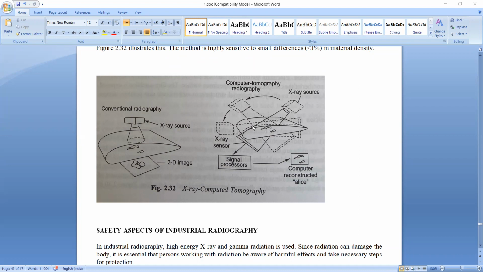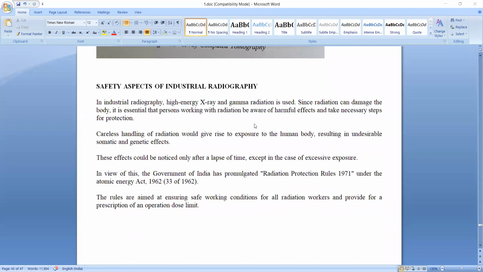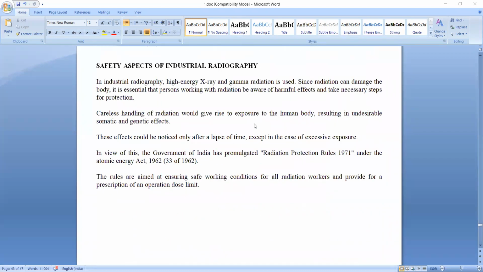Okay, the last topic in this unit is safety aspects of industrial radiography. This is a very, very important topic in radiography, because radiation causes damage to human bodies. You know that both X-ray and gamma radiation used in radiography cause damage to human bodies.